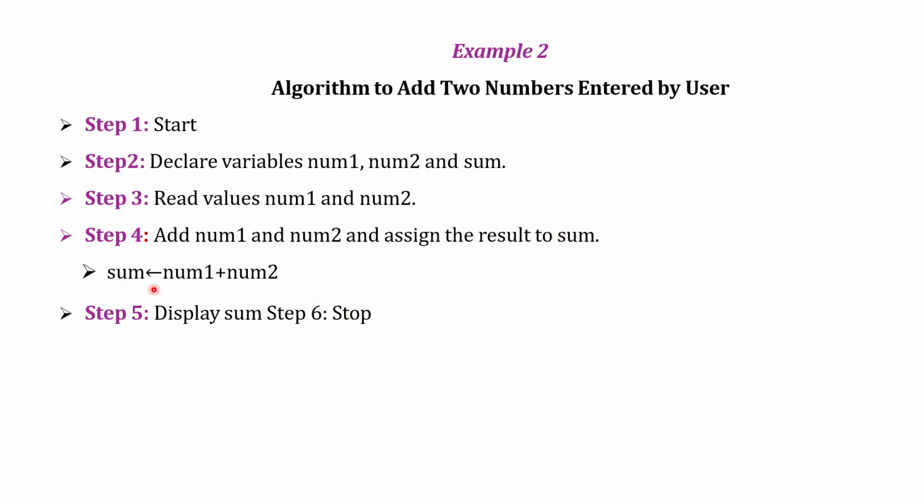So sum is nothing but num1 plus num2. After adding, you are putting the result into the variable sum. Step 5 is display your result, sum. That is, after adding, whatever result you are getting, you are going to show it. So with that, the task is over. The solution to the problem is obtained. So the last step is going to be stop.